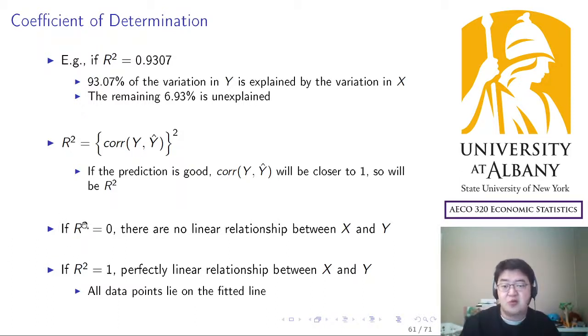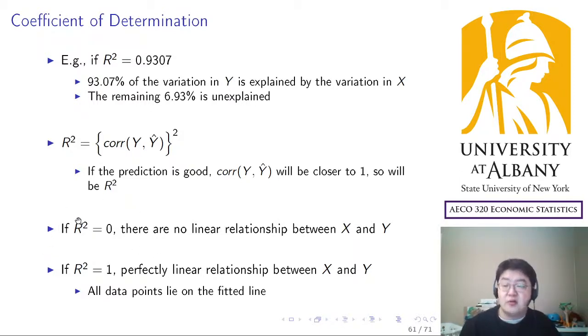That's when R square equals 0, or when the correlation between y and y hat equals 0. And if R square is 1, it's perfect: all data points line up on the straight line. There is no residual at all.